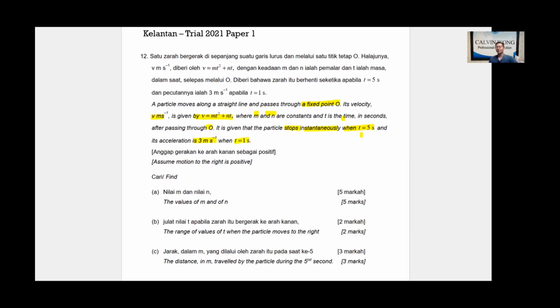So you should have 2 equations already with 2 unknowns, then you can solve it. Yes, done. Can be done easily. Looks like no k bar at all. Mana ada k bar? Tak ada.